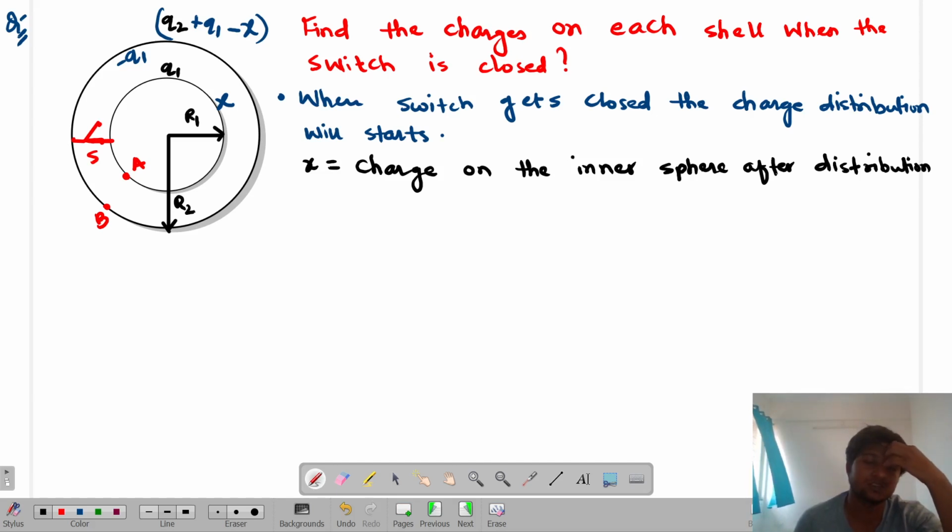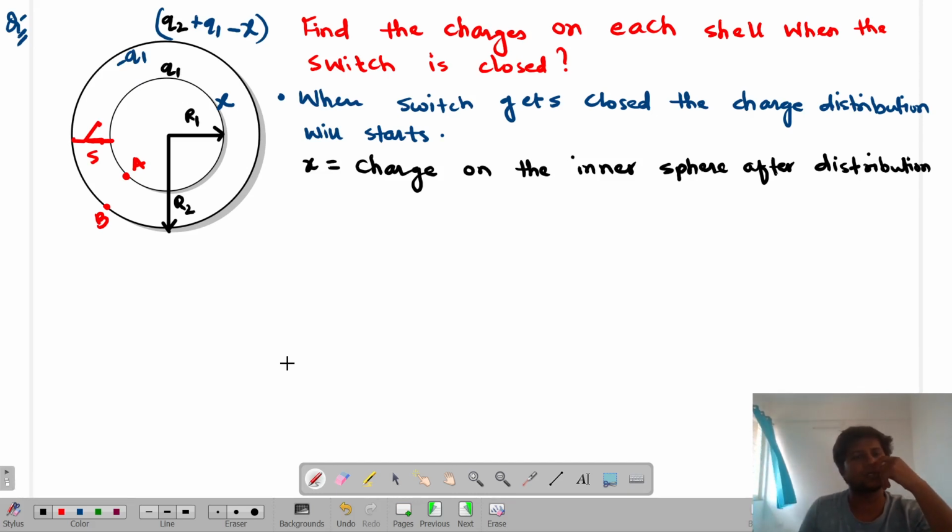So let's suppose the charge taken from the outer one is x, then on the inner surface it will become how much? x only. Are you able to get me? Because this Q2, this Q1 will be redistributed, isn't it?